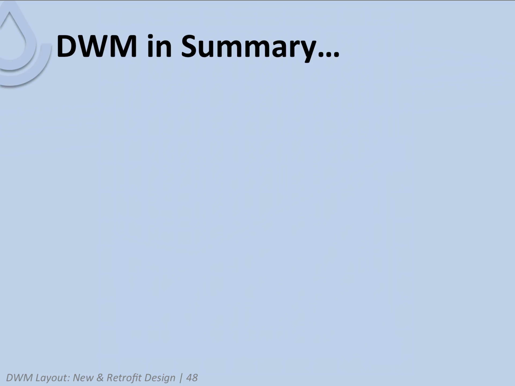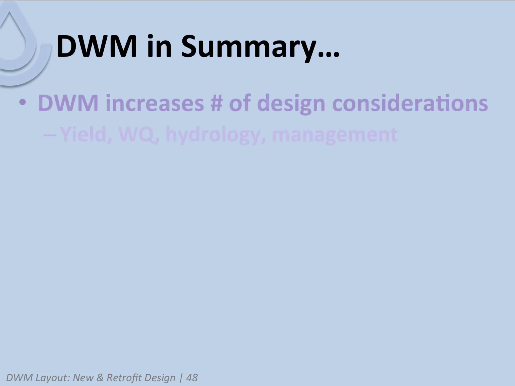So here are a few summary points with regard to the concept and planning of drainage water management. We've got a few extra design considerations compared to traditional drainage systems. We're going to be looking at crop yield in a different way than a traditional system. We've got water quality issues and goals on the table.